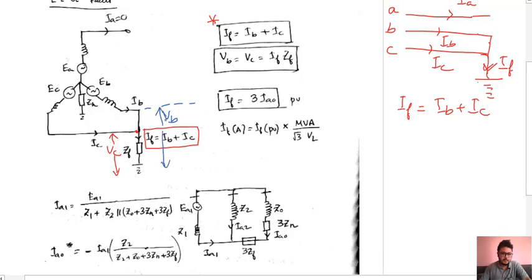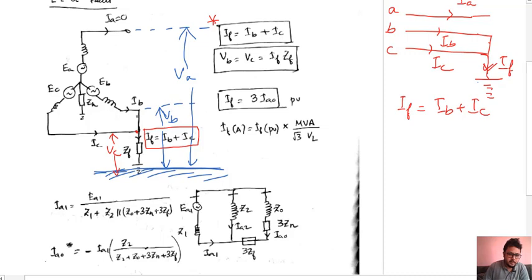VC and VB. And what is VA? VA is from here to ground. This is the ground. VC and VB are from the same point. This point and this point are the same, so VC and VB are the same voltages.